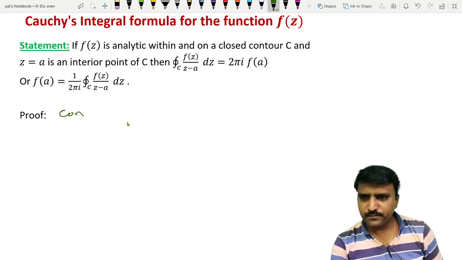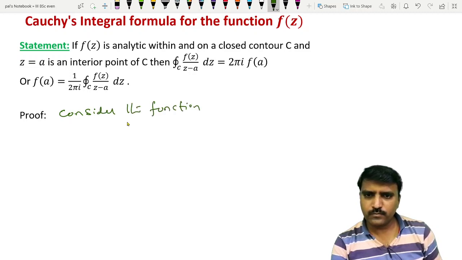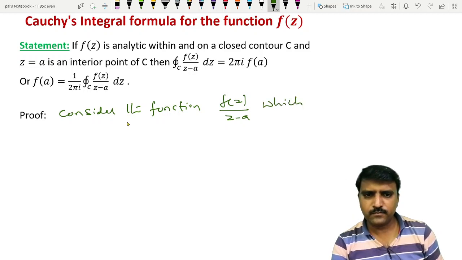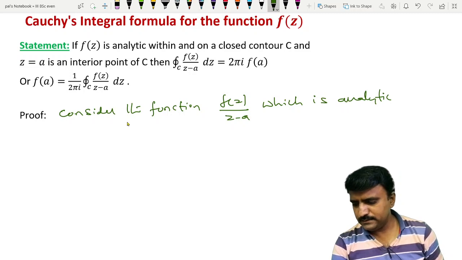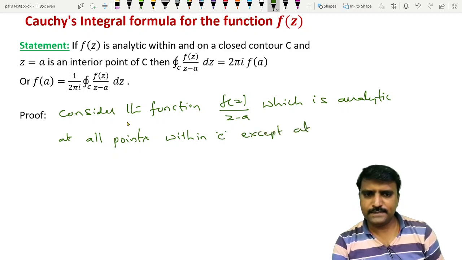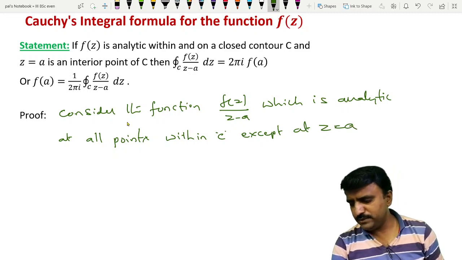Consider the function f of z by z minus a, which is analytic at all points within C, except at the point z is equal to a.